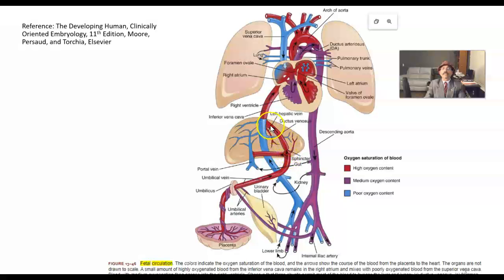Then this part of the inferior vena cava contains oxygenated blood because more than 50% of the umbilical vein blood bypasses the liver and goes to the inferior vena cava via the ductus venosus that connects the left branch of the portal vein to the inferior vena cava.